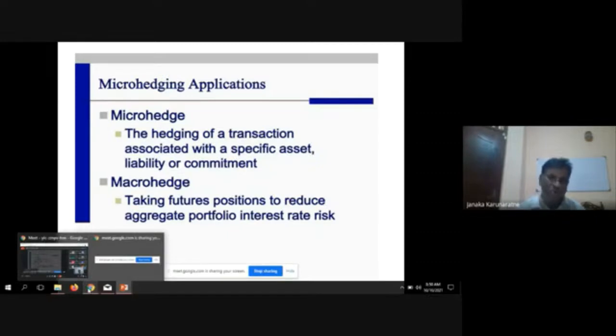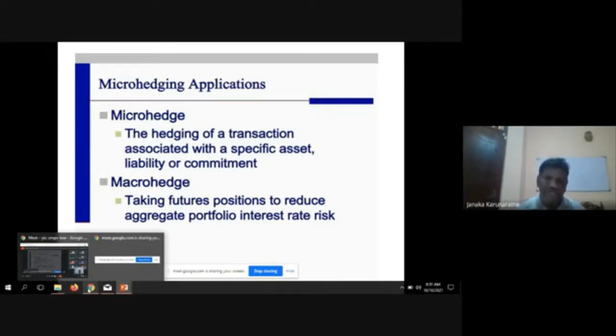The portfolio, let's say loan portfolio, debenture portfolio, or even going beyond that, the entire balance sheet. There, what you try to do is not look at individual instruments. You look at the entire balance sheet, risk exposure arising from the trading portfolios, and then hedge against that particular risk. That is called macro hedging. That all depends on how you perceive the risk, right? Up to what level, now?